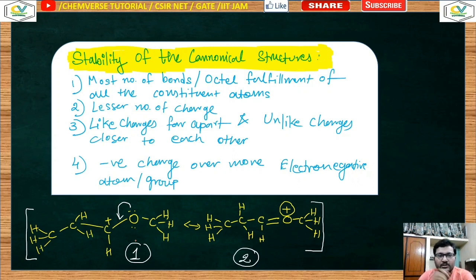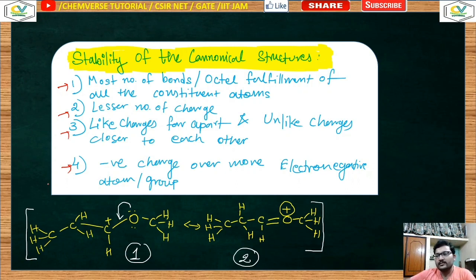So we need to understand the pattern of these canonical structures and their stability. Remember that you must follow these points in order, 1, 2, 3, 4, sequentially, whenever you compare two or more canonical structures. First, consider where the number of bonds is higher. If a higher number of bonds is present, then automatically the octet fulfillment criterion will be fulfilled. Second point is where the lesser number of charges is there.